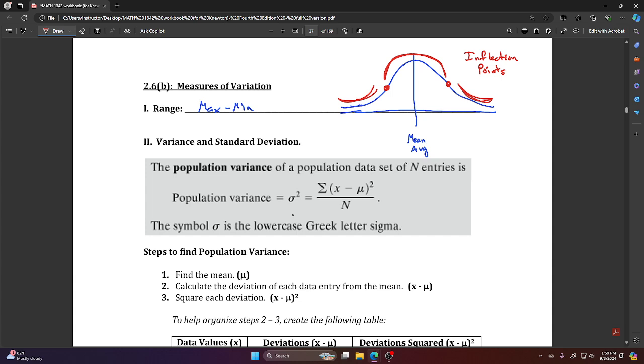Cool? Okay. Now, the important thing about these inflection points is that the distance from here to here, and I know my bell curve is not perfect, but this distance here is a standard deviation. That distance is equal to a standard deviation.